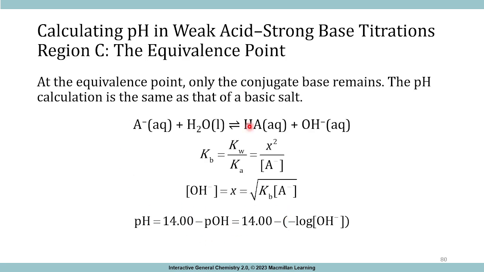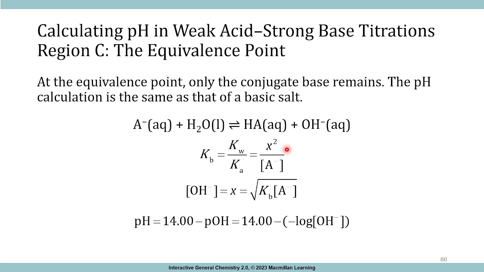So if we go to region C, region C is going to be where we have all conjugate base, isn't it? And so region C is just an ICE problem for the conjugate base. That's all region C ever is, which is again that equivalence point. So what we're going to do is get Kb. This is Kw divided by Ka.